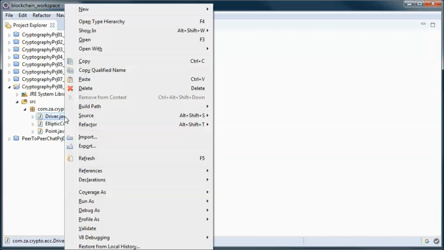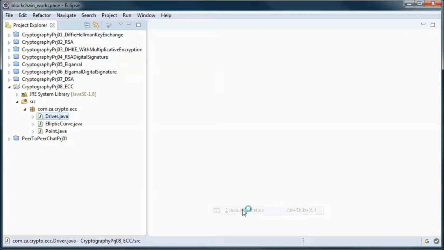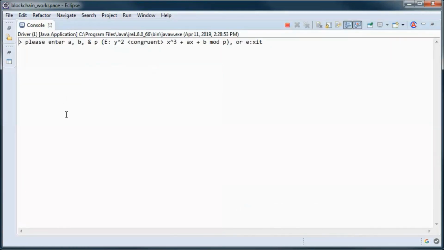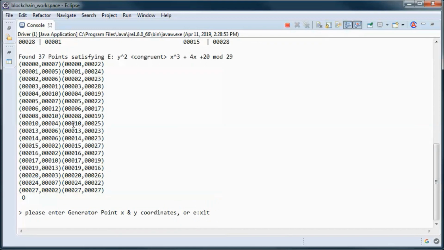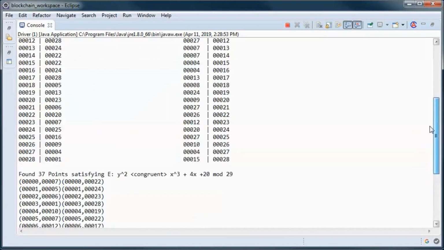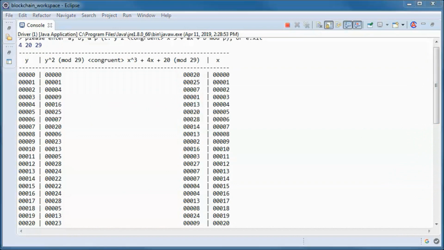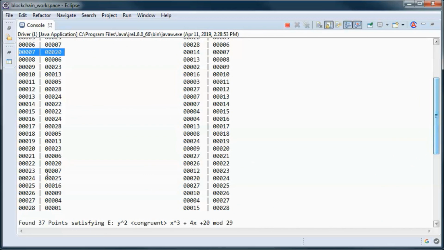And finally, let's go ahead and test run the application. So let's try this curve where this is the value for A and this is for B and this is the value for P. And for x is 0, we end up with this value, and we end up with this value here for y is 7, and here for y is 22.